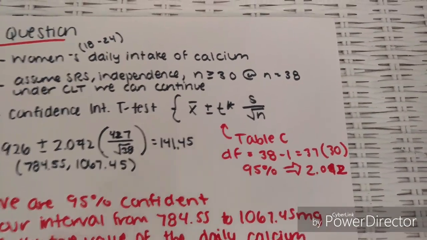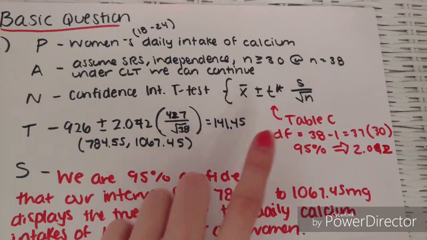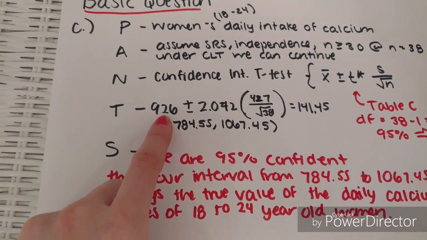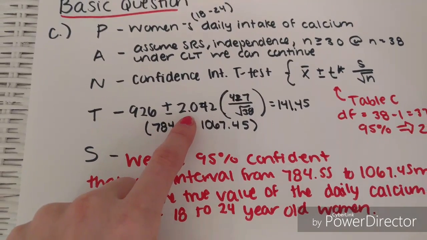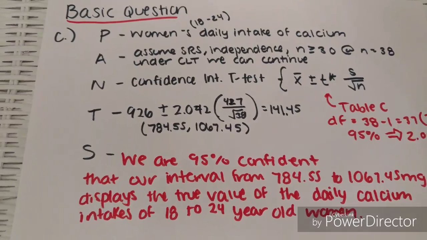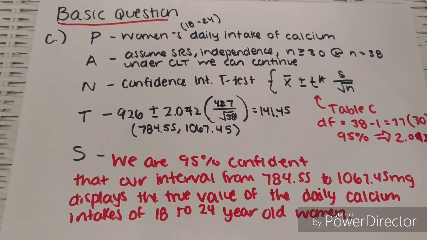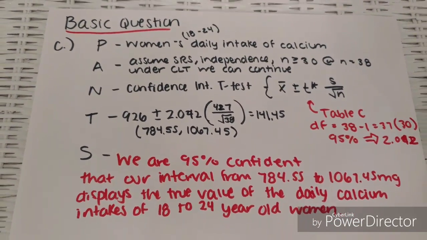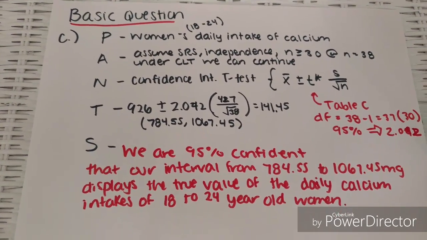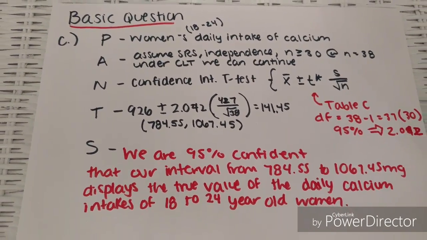That's what that says. So that gets plugged in, and so do our other values: our mean of 926 plus or minus our t star of 2.042 times 427, our standard deviation, divided by the square root of our n, 38, and that gives us 141.45.